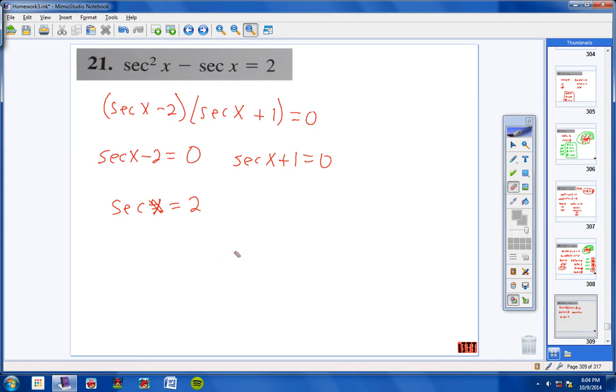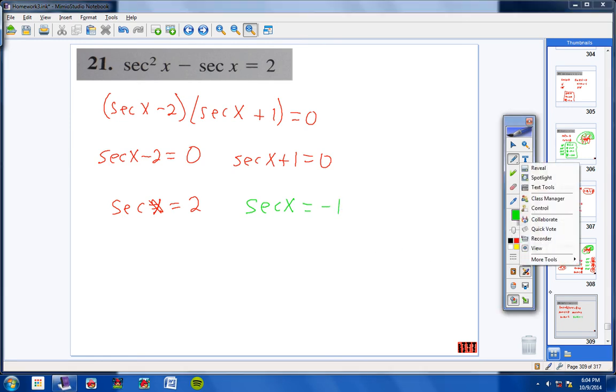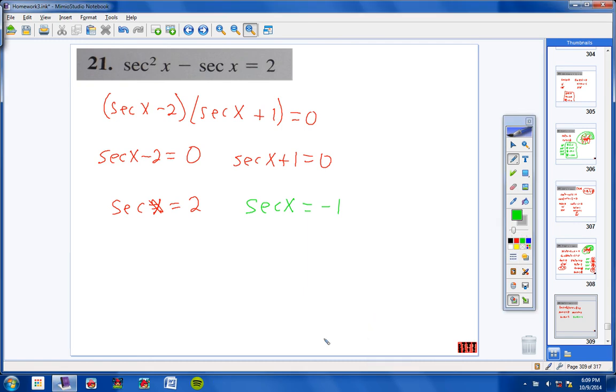Now let's go ahead and solve this equation over here. So secant x equals negative 1. Now students, since we don't have secant on our calculator, I would encourage you to take secant and rewrite it like this. I would rewrite it so that it says cosine of x, and then cosine and secant are reciprocals.